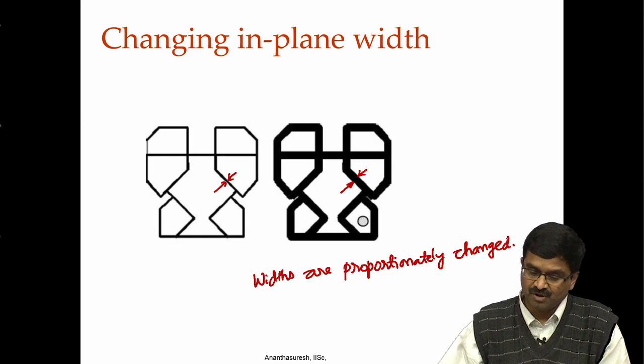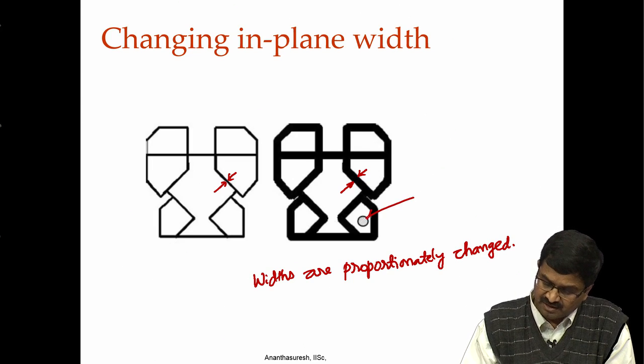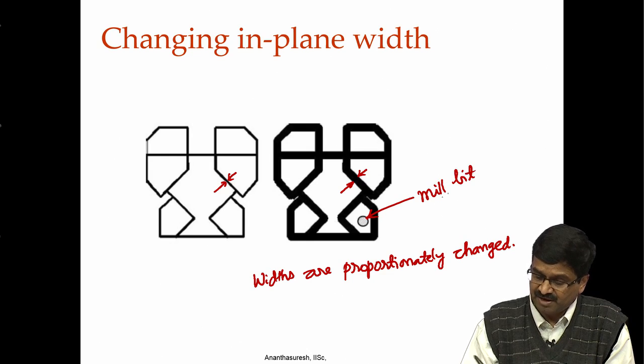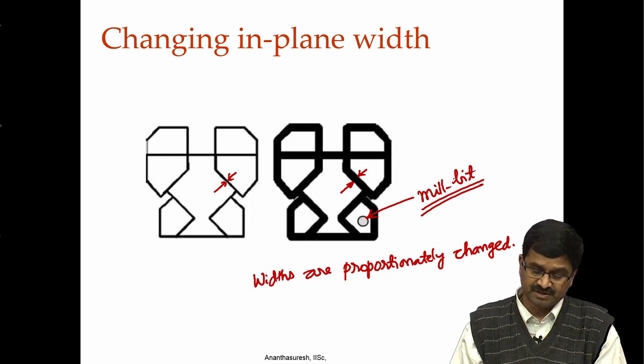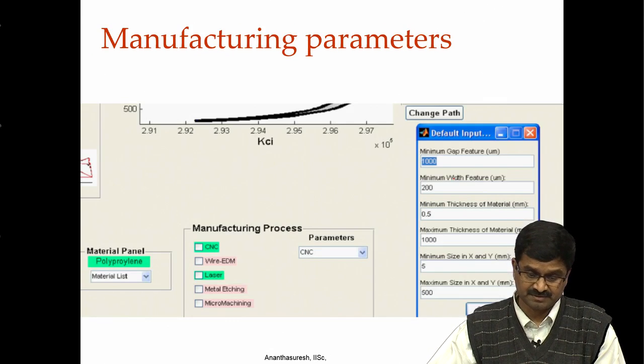In doing so, we can take into account the diameter of the mill bit, or for that matter any manufacturing process that you are using. We can take the mill bit diameter and accordingly design or redesign the compliant mechanism.